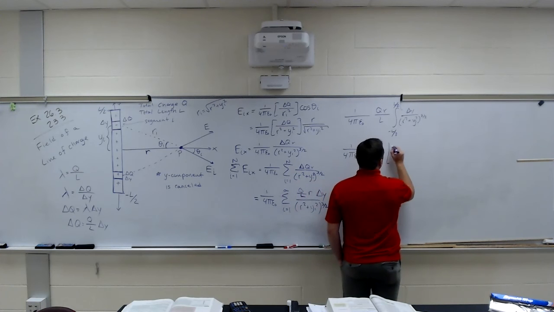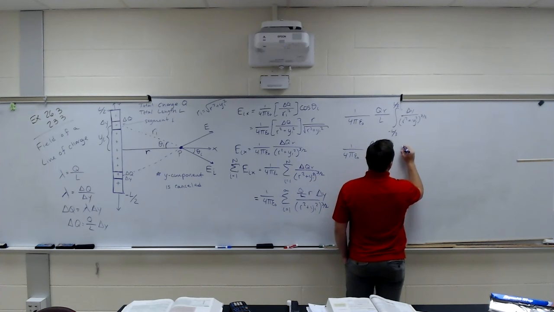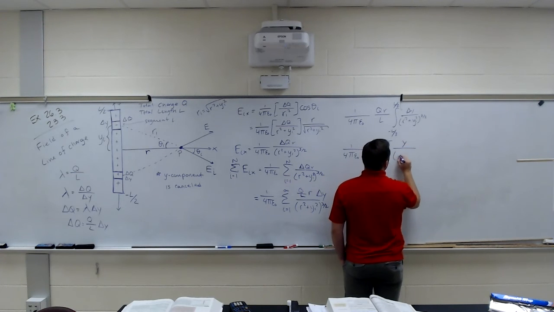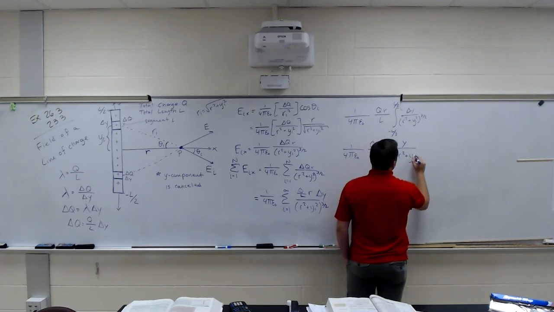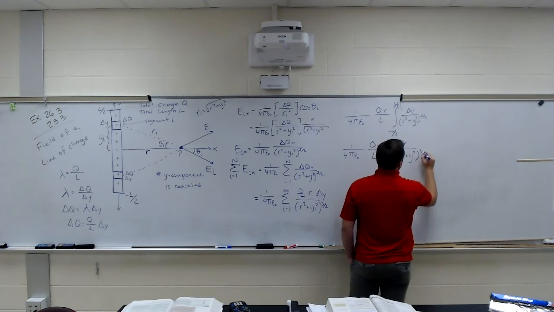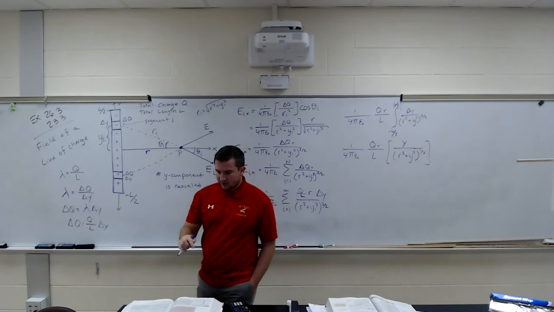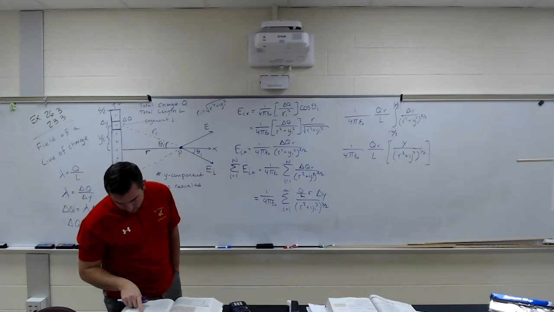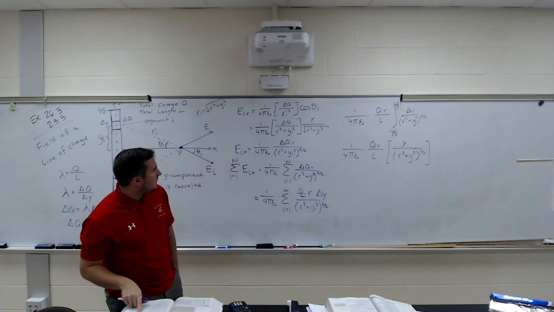We end up with, I think, y over r squared plus y squared to the 1/2, if I recall correctly. Did I recall correctly? I missed something.